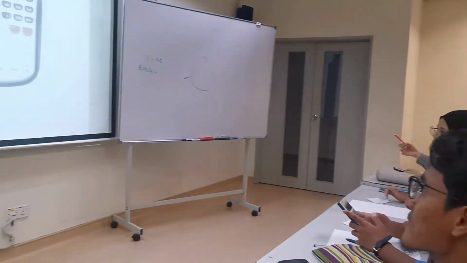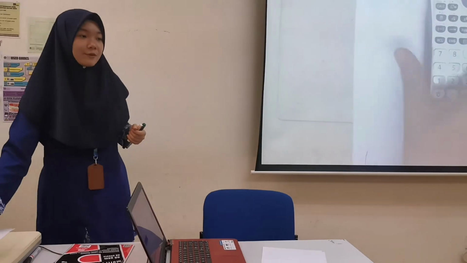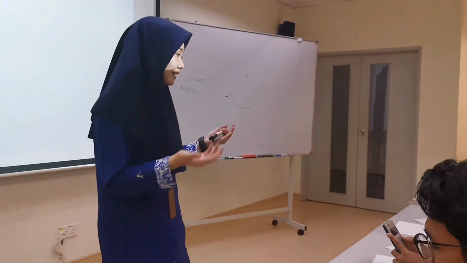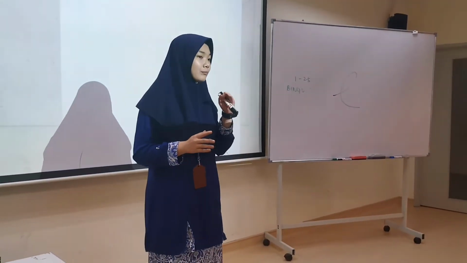e has a value. What is it? 2.718 and so on. So e is a constant. Maybe in the future you will study engineering, or mathematics, calculus or something, and you will learn more about this.